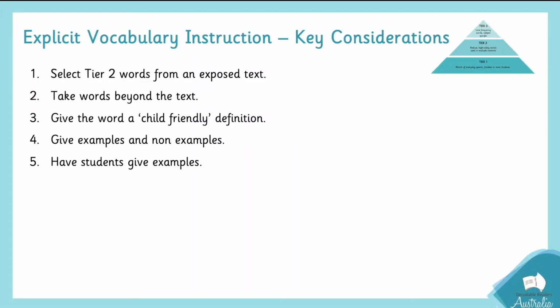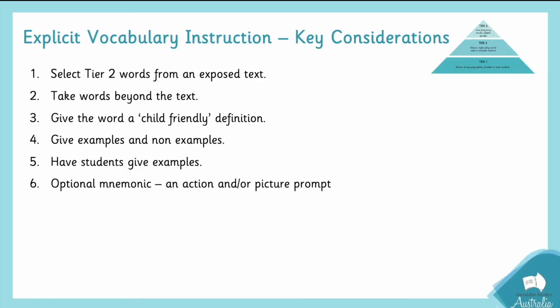Number 5, have students give their own examples. Allow your students to give their examples in multiple contexts and give that corrective feedback as they attempt to use the new vocabulary. Number 6 is an optional mnemonic, an action or a picture prompt.